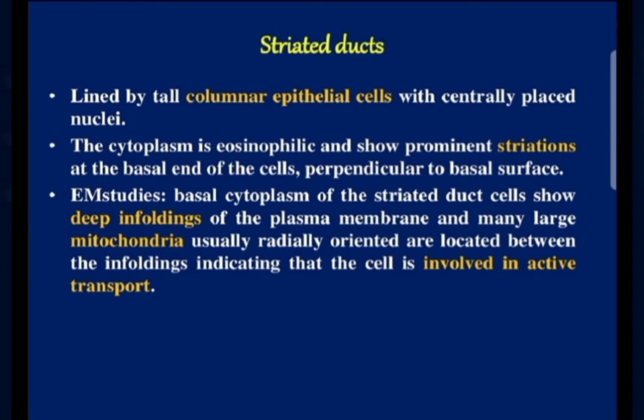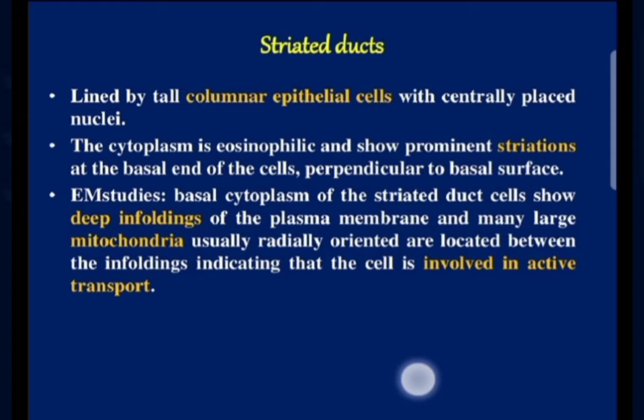As regards the striated ducts, these are lined by tall columnar epithelial cells with centrally placed nuclei. The cytoplasm is eosinophilic and shows prominent striations at the basal end of the cells, perpendicular to the basal surface. That's the reason we call these the striated cells and striated ducts.